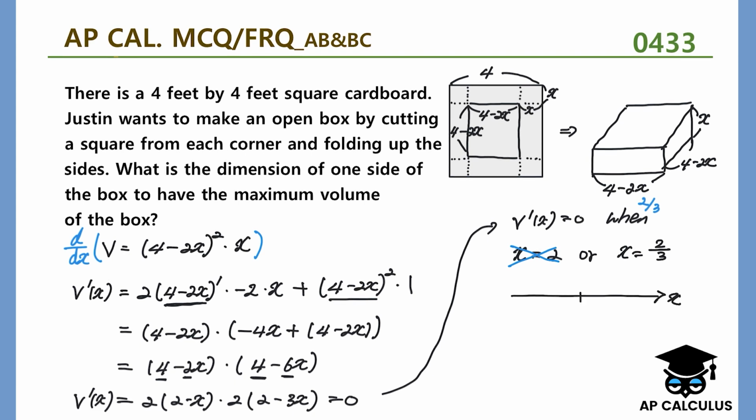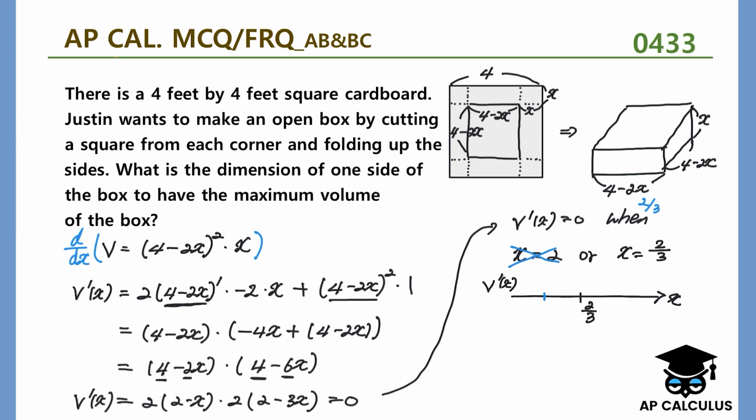Okay, let's test this. Here's the x. Here's the 2 over 3. Let's say x is equal to a value less than 2 over 3, maybe 1 over 3. If we substitute 1 over 3 here, 1 over 3 here, 2 minus 1 over 3 is positive. 2 minus 3 times 1 over 3 is positive, right?